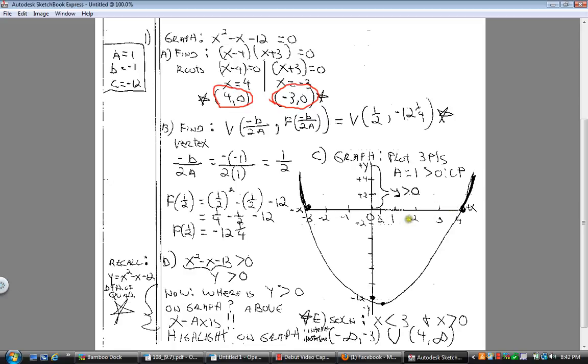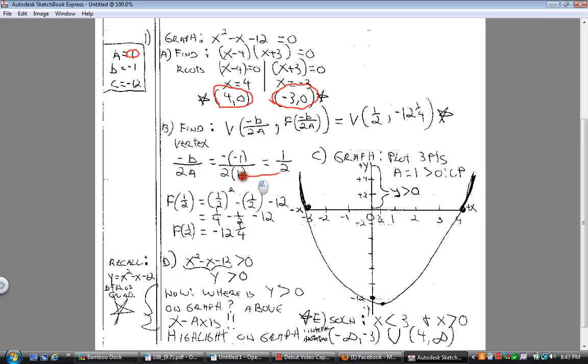Now the next step in this process is to go ahead and figure out where the vertex is at. And to illustrate this, we know the graph is going to open up because our a coefficient is a positive 1 there. And based on that, we know the graph is going to start up high, come through, hit the x-axis at negative 3, come down, and when we solve for negative b divided by 2a, which again is the line of symmetry, we get a value of 1/2.